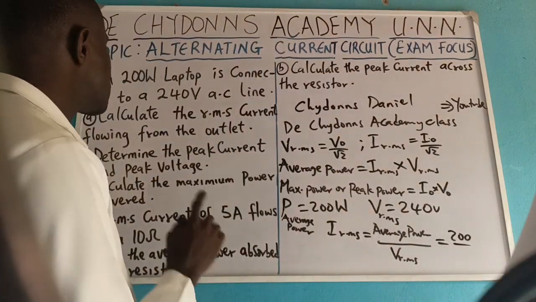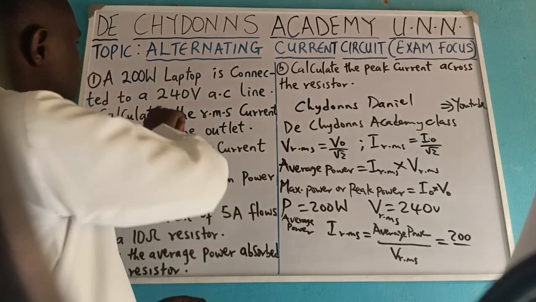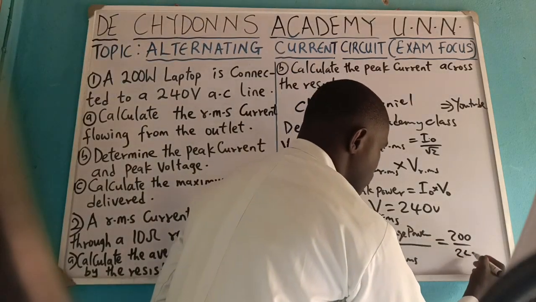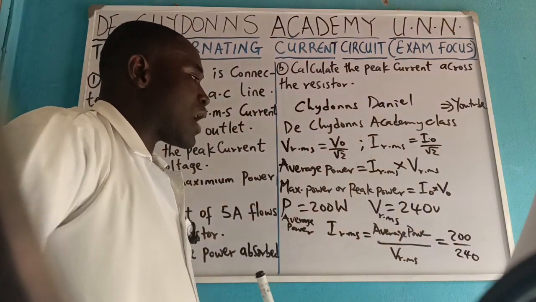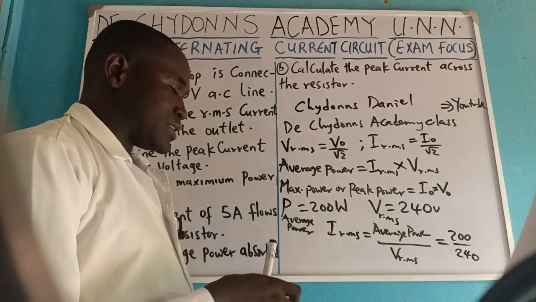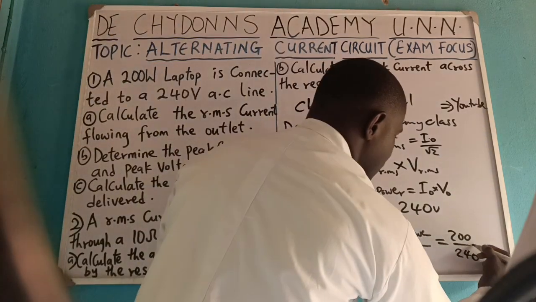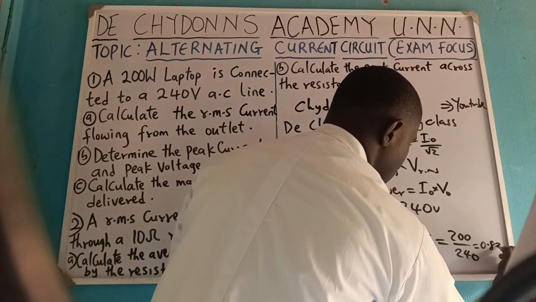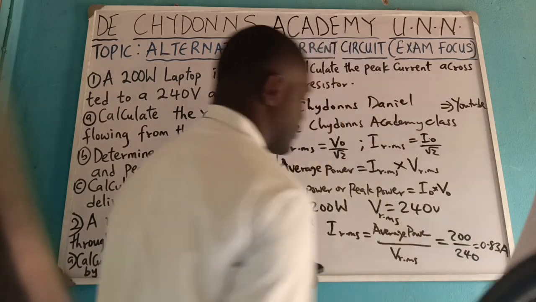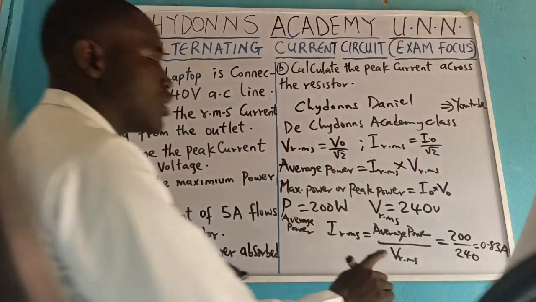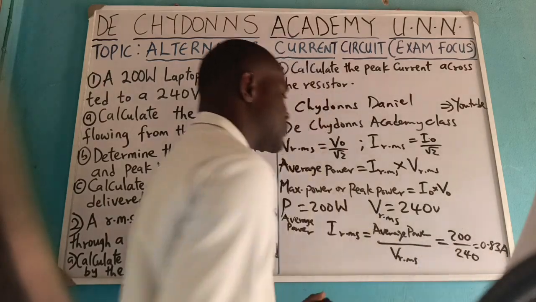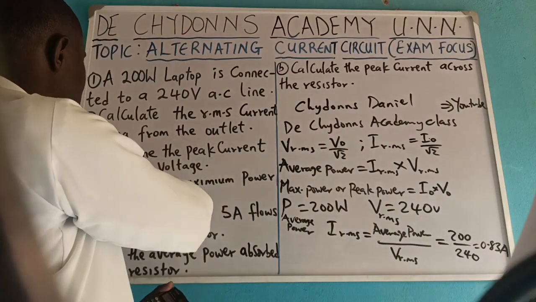Then the V root mean square voltage is 240. Then you use your calculator and compute it. You have 0.83 ampere. The unit of root mean square current is amps. Then we go to the next question.